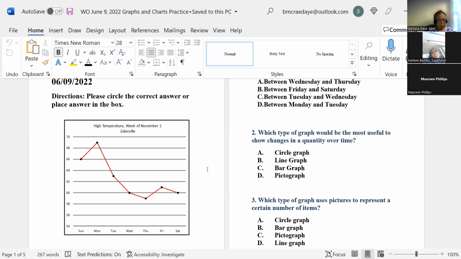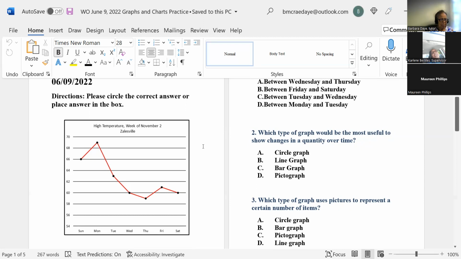Friday and Saturday. Well, that's a decrease, but remember, you're looking from one point to the other. So the greater the distance between the points, the greater the increase or decrease. So look at the dots.